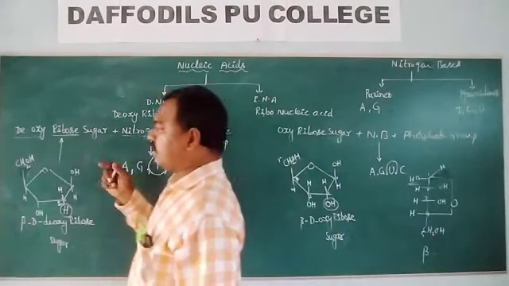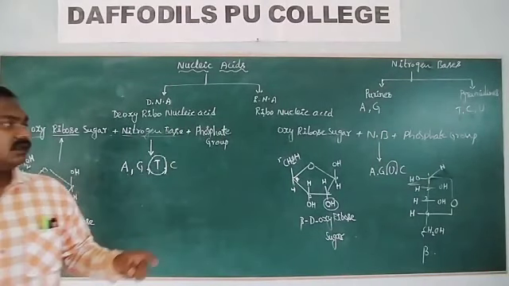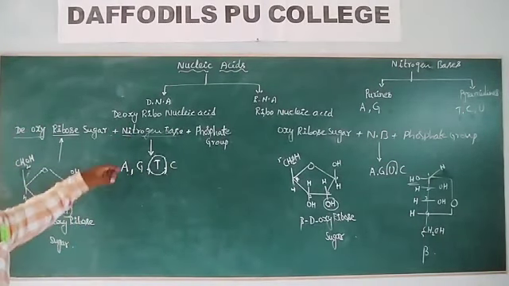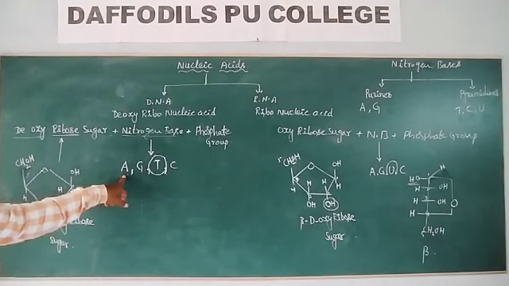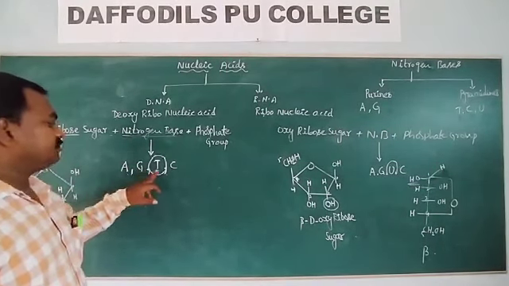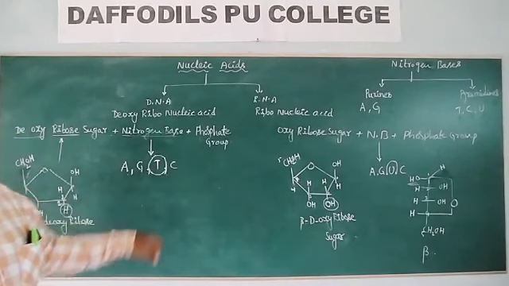What kind of nitrogen bases are present in DNA? In DNA, the nitrogen bases are adenine, guanine, thymine, and cytosine.